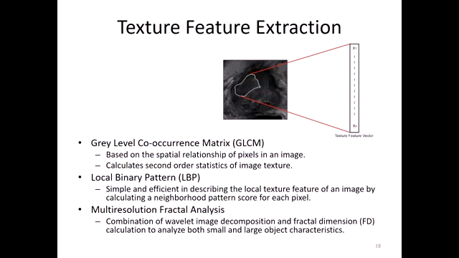And the third is a multidimensional fractal analysis. So this is basically a combination of wavelet image decomposition and fractal dimension calculation, and it analyzes both the small and the large image. You can imagine a tree structure. A lot of people use one wavelet at one frequency, and that may not capture the best parts of the image.